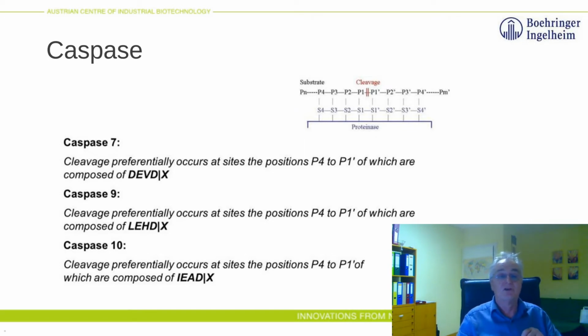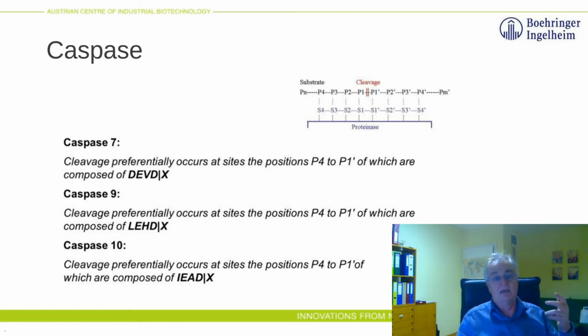What you see here, the caspase 7 has a 4 amino acid recognition site, and the P1 prime side is relatively flexible. Also the 9 and the 10. But the problem of these caspases is that they are very difficult to produce.